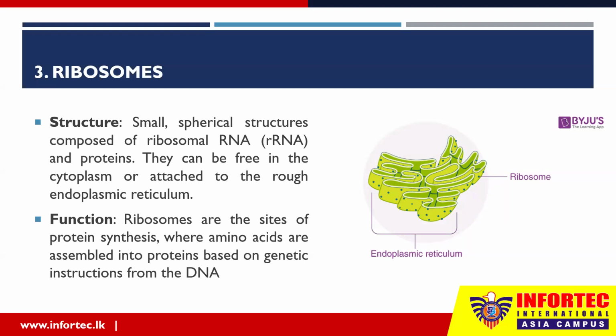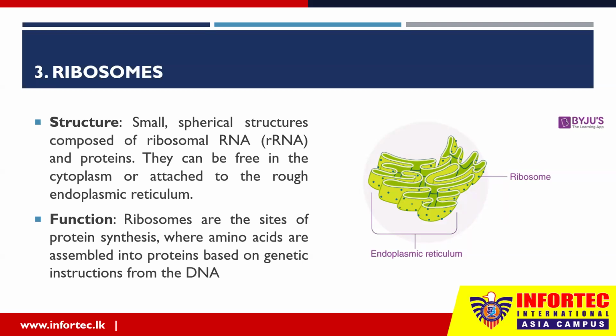The main function of the ribosome is that it is the place where protein synthesis takes place. We know that transcription and translation occur during the protein synthesis process, which we discussed in the last lecture. So the translation takes place in the ribosome.